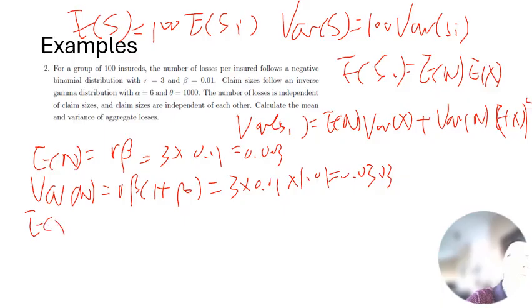Then EX will be equal, because for the inverse gamma distribution we use the formula, theta over alpha minus 1, 1000 over 5, which is 200.